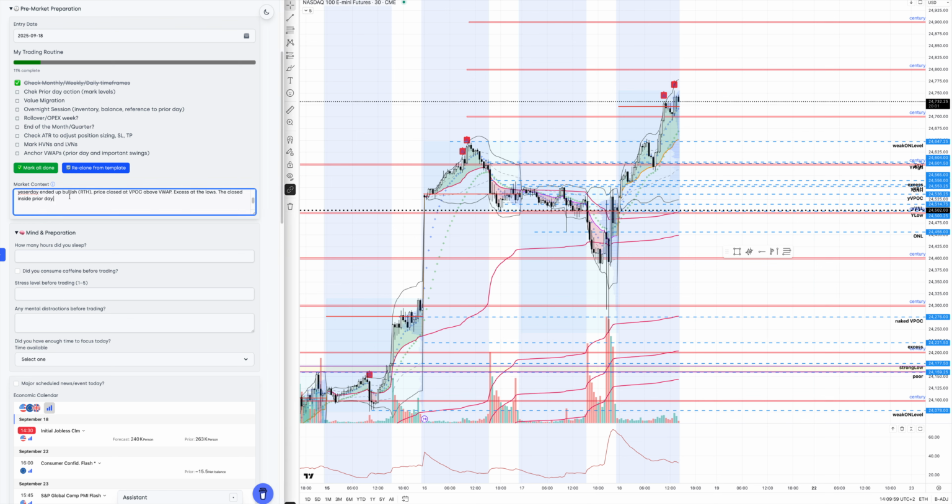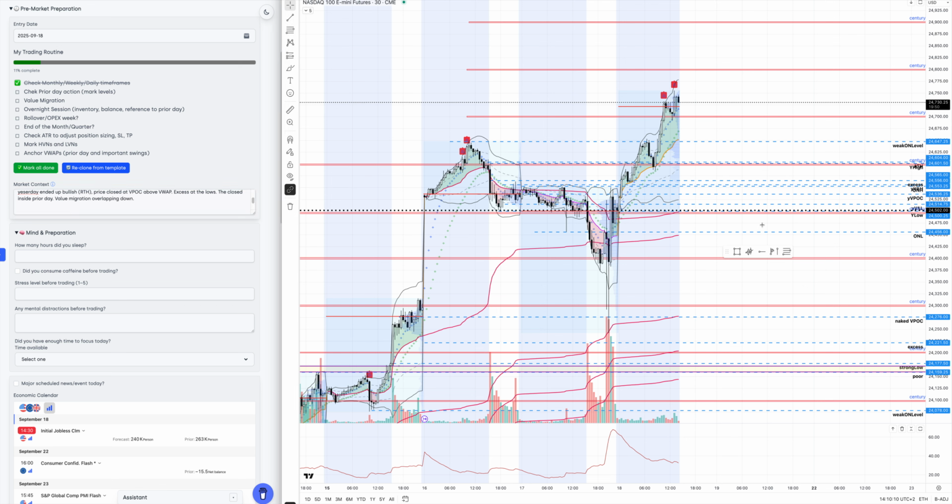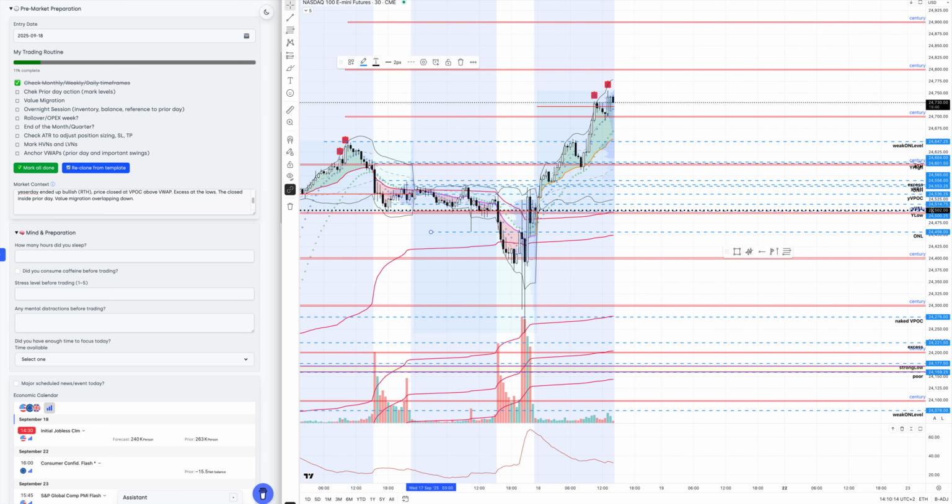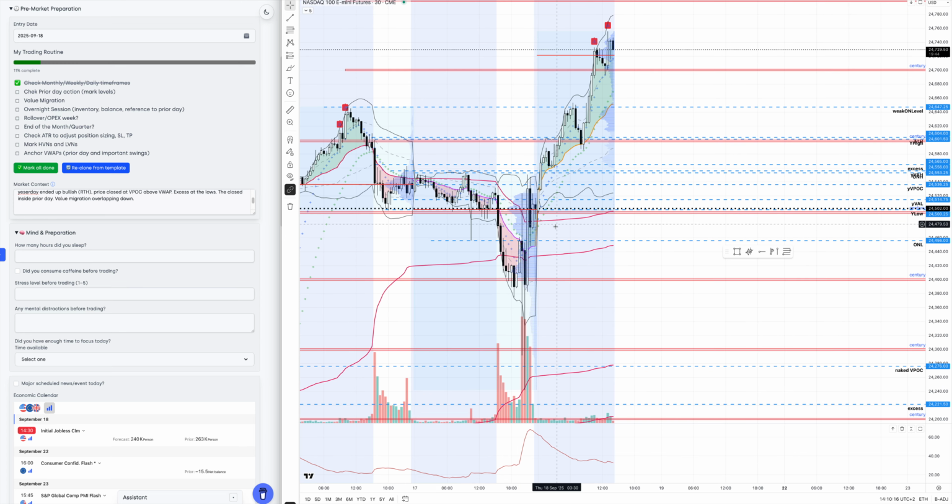So value migration actually is overlapping down. Okay, then we have our overnight session low down here at the sell line.